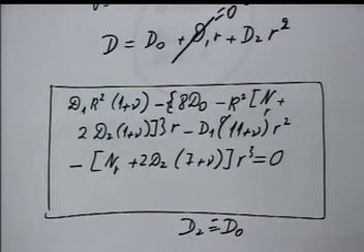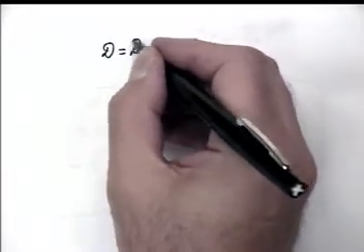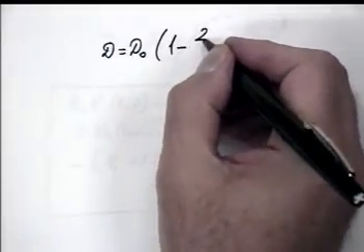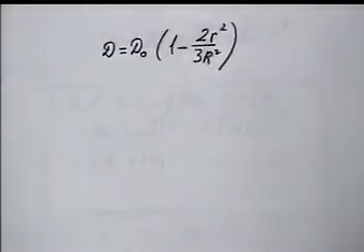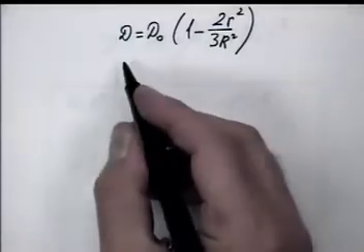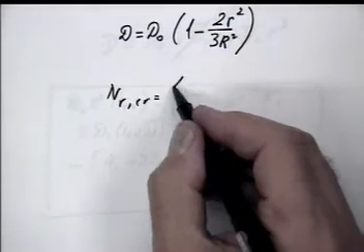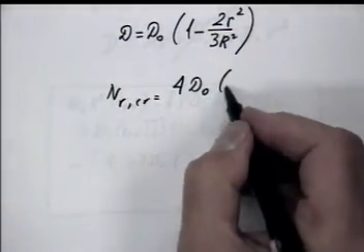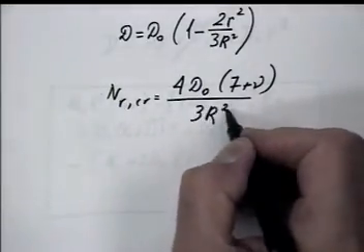Excuse me. So we actually get D equals D0 (1 minus 2 r squared over 3 R squared). Then N_r critical equals 4 D0 (7 plus nu) divided by 3 R squared.